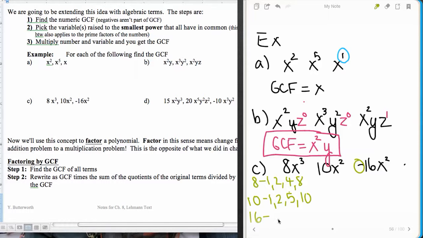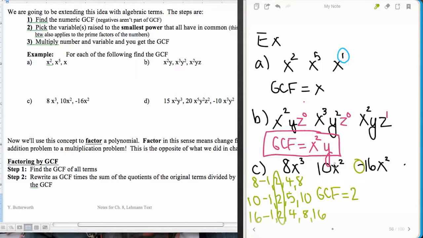There will be a case where we want to take a negative out, but we don't usually consider a negative part of the GCF, so we're just going to ignore that. So we have 1, 2, 4, 8, and 16 here. And now we look for the GCF. Again, the biggest thing that we see in common is a 2, so my GCF is a 2. Remember that GCFs are not actually big numbers. They're just small little pieces, small little cookie crumbles.